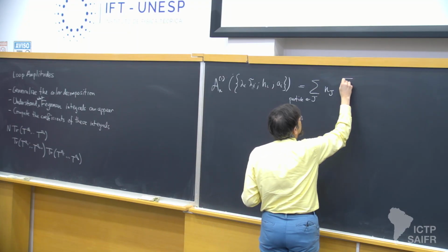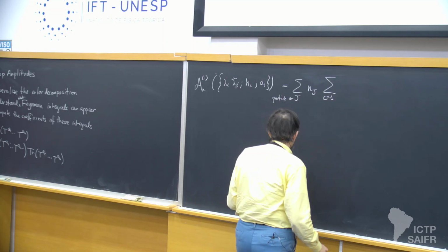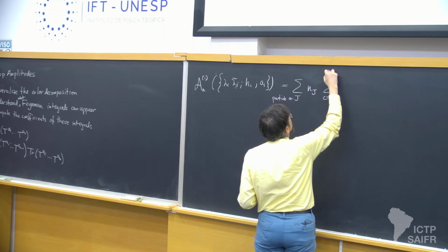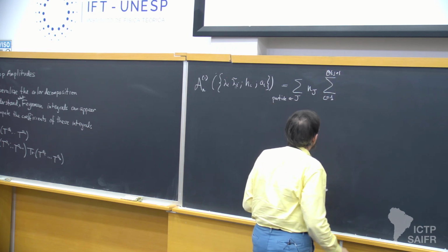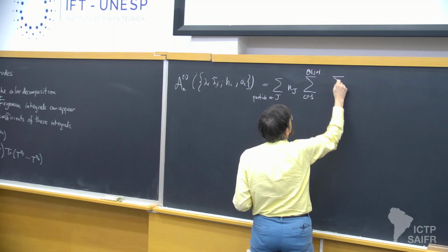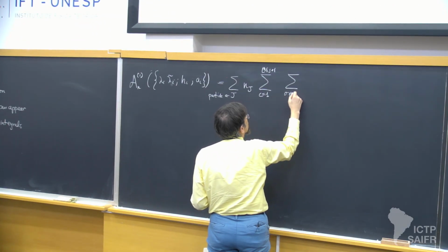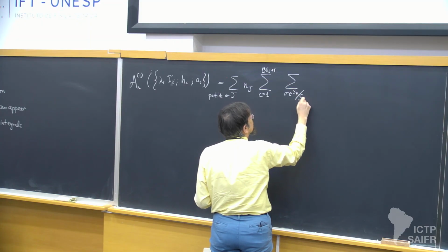Then we have a sum over color structures, which I'm going to label by C, and those go from 1 up to the floor of n over 2, plus 1. Then there's going to be, again, a sum over permutations.